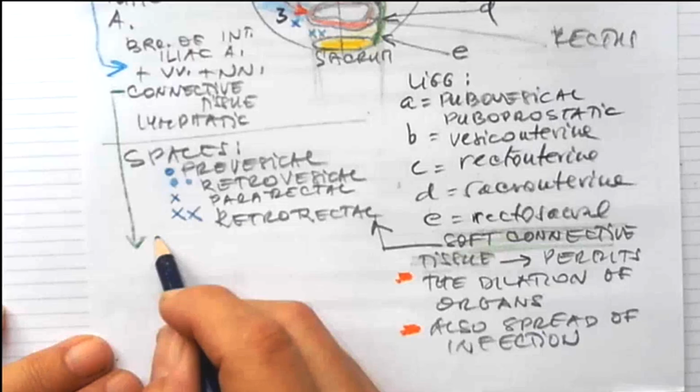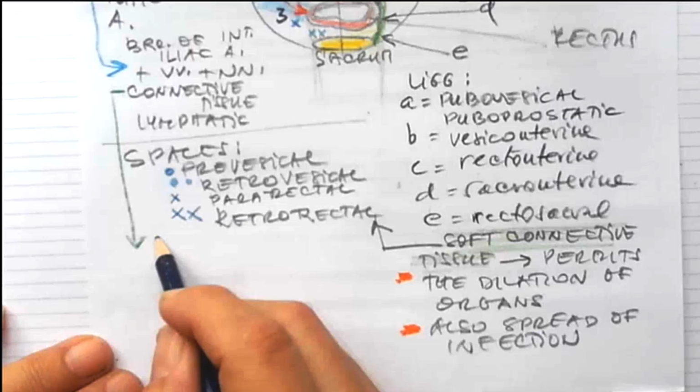The first one is called simply paracystium, because it belongs to the soft tissue on sides, around the organs. Paracystium, tissue around organs. Okay.